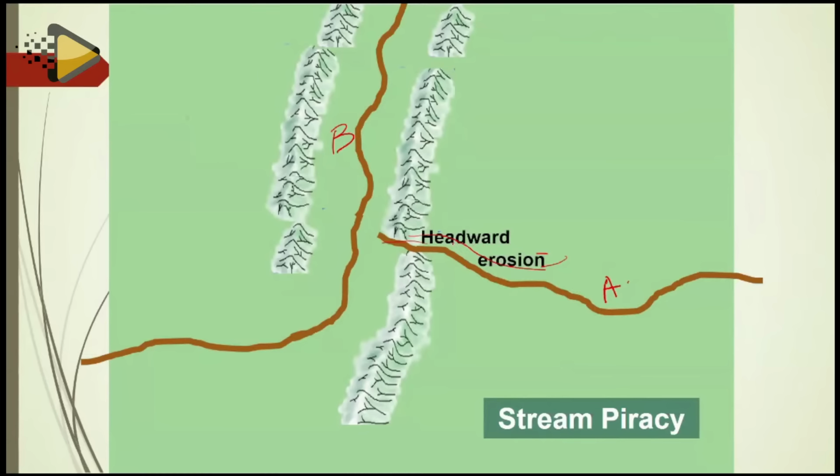Once that takes place, the two rivers are going to join, flowing to their lowest point. River A is on a steeper gradient but at a lower lying area. This one is on a gentle gradient, but on a higher lying area.